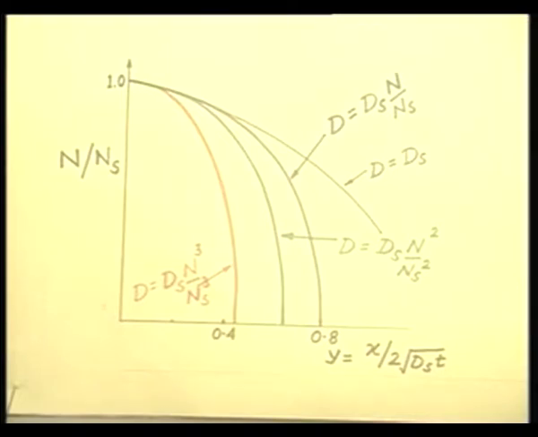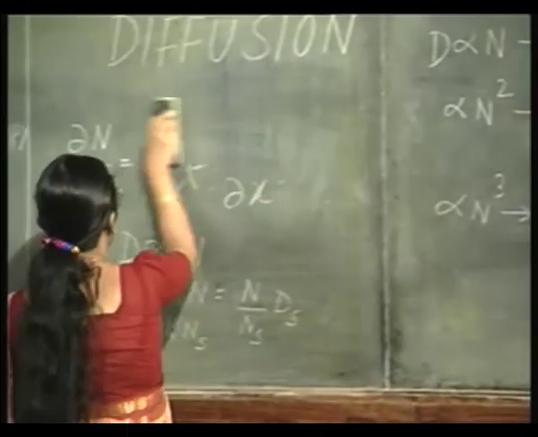And for these three particular cases, the junction depth can be given as this.